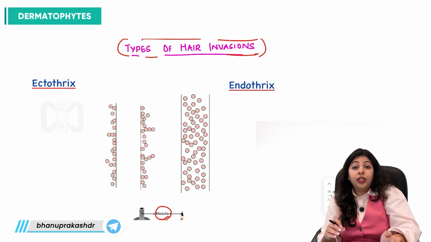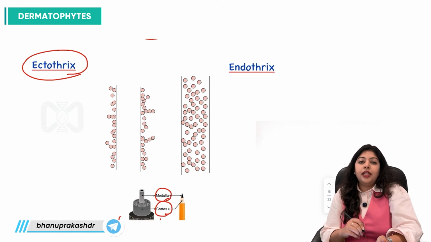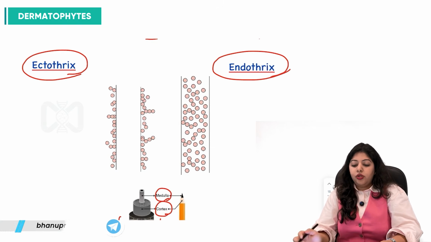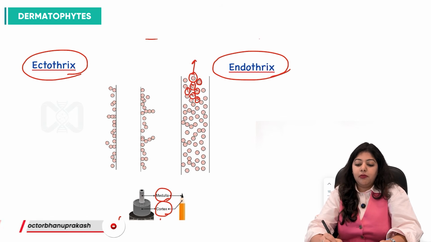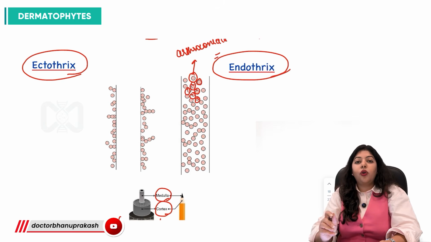What are the different types of invasions? There can be ectothrix-like invasion and endothrix-like invasion. What are these small structures? These are nothing but the conidia, the arthroconidia, which are growing inside or along the hair shaft.